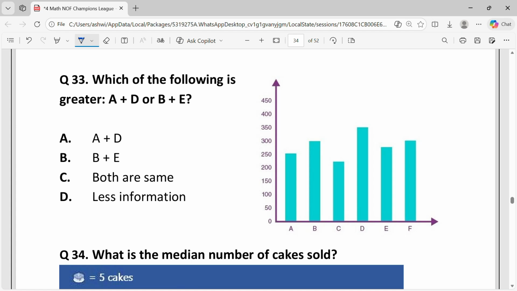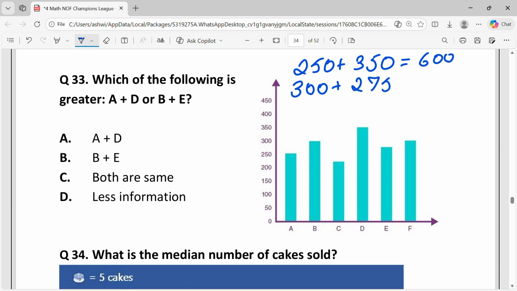Calculating A plus D, that is A is 250 plus D, that is 350, which is equal to 600, and B plus E, that is B 300 plus E, that is 275, that is equal to 575. From the given options, the greater one is A plus D, that is A.